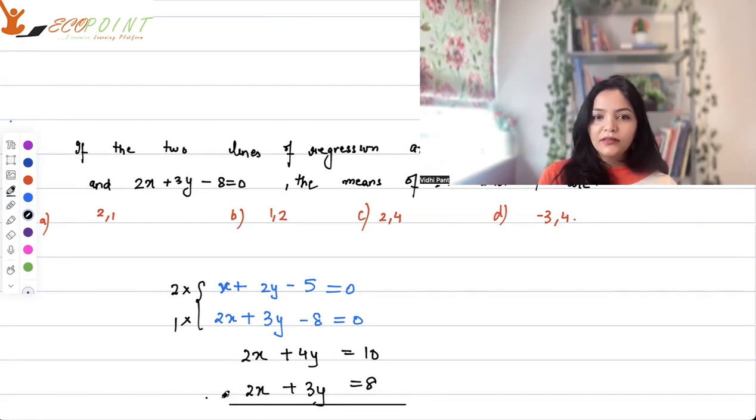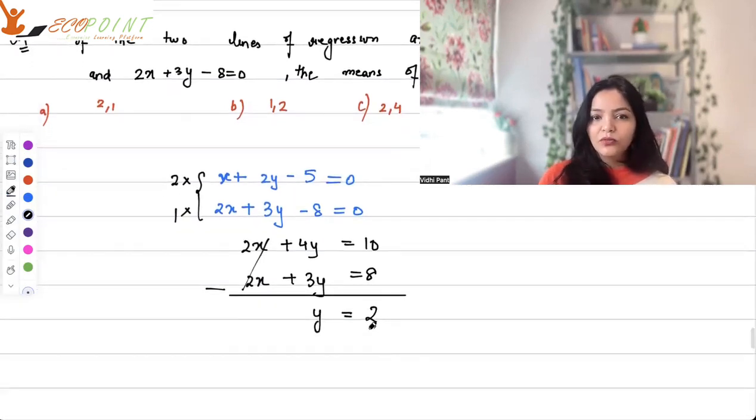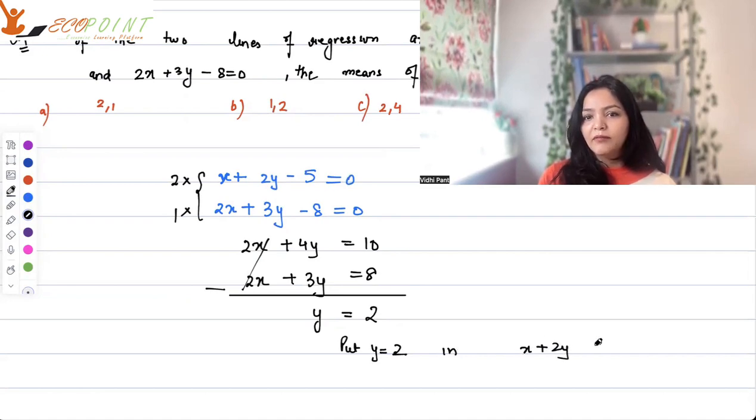Now subtracting, this cancels off and I get 4y minus 3y gives you just y is equal to clearly 10 minus 8, that is 2. So y is equal to 2. And if I put y equals to 2 in x plus 2y minus 5 equals to 0, I get x is equal to 1.